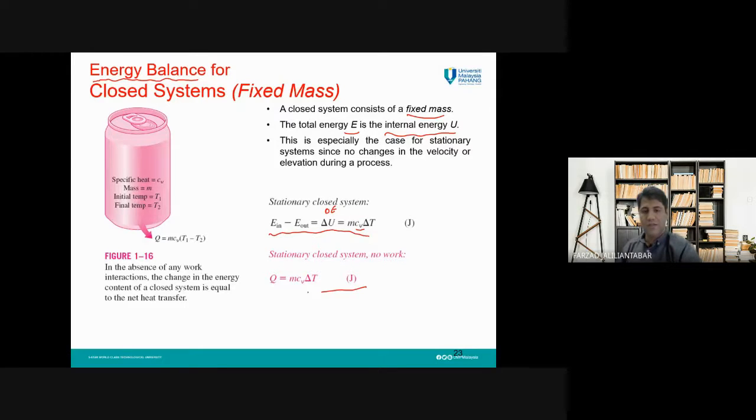So this equation is a general equation for a stationary closed system without any work. We can write Q equal to m Cv delta T. Q is the amount of heat transfer, or energy transfer.